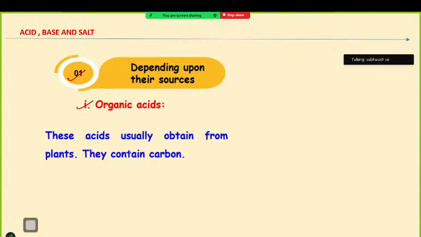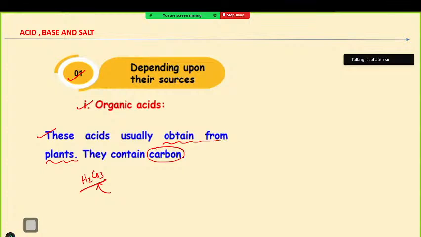Organic acids are usually obtained from plants or animals, that is, from living organisms. Generally from plants, and they most of the time contain carbon, but carbonic acid, which contains carbon, should not be considered an organic acid.